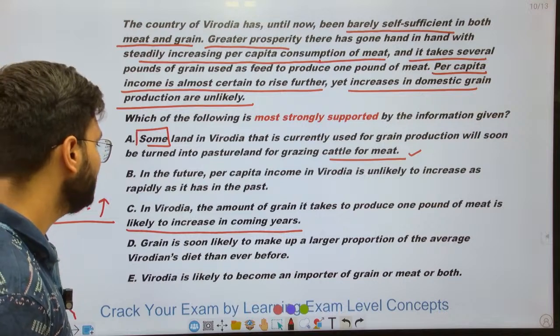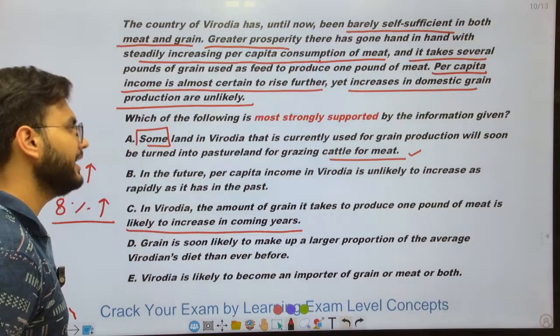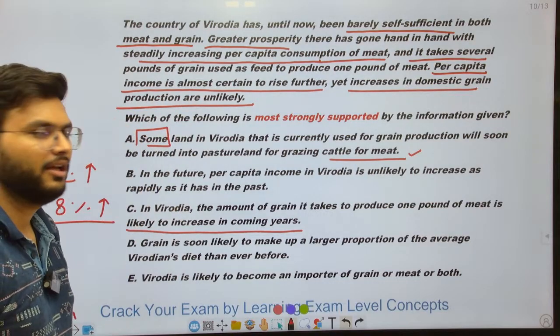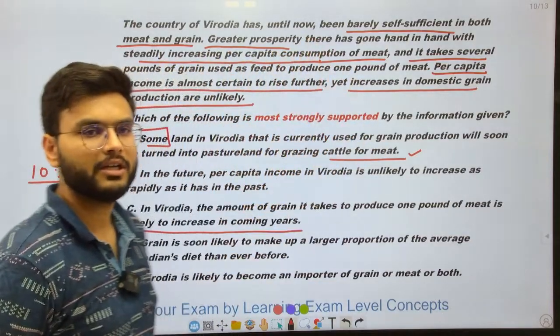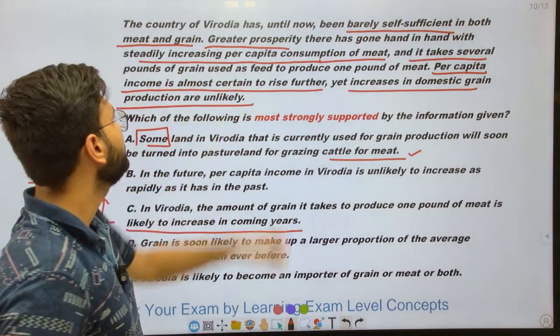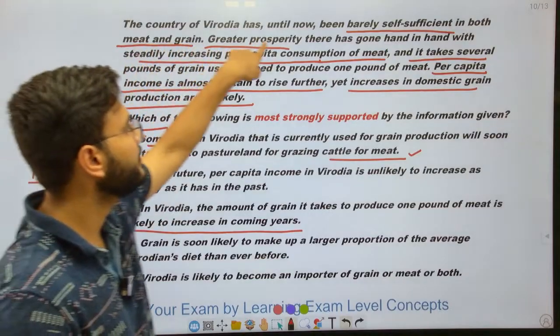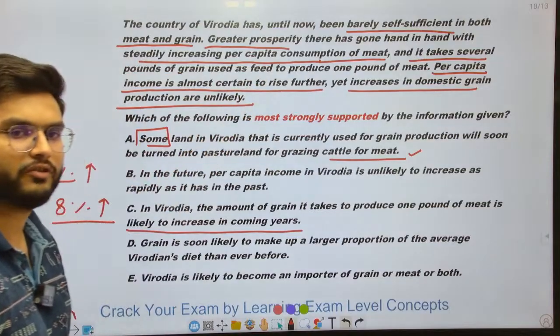Now you are saying that amount is also going to increase, but your grain production is not increasing. Then how will people be able to consume more meat? Because I know that greater prosperity has gone hand in hand with steadily increasing per capita consumption of meat.